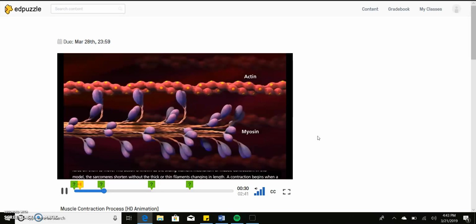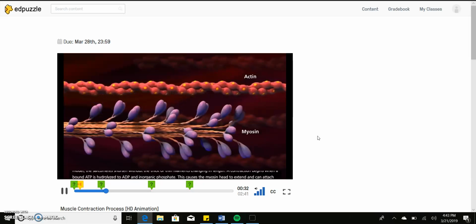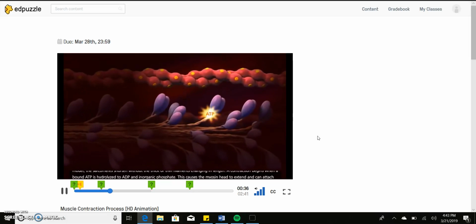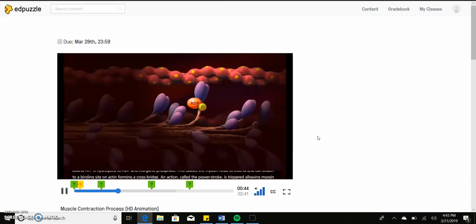Model. The sarcomeres shorten without the thick or thin filaments changing in length. A contraction begins when a bound ATP is hydrolyzed to ADP and inorganic phosphate. This causes the myosin head to extend and attach to a binding site on actin, forming a cross bridge.